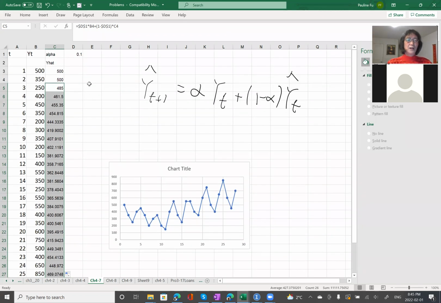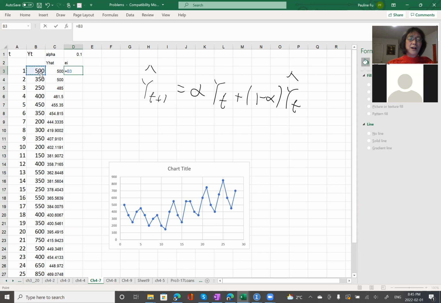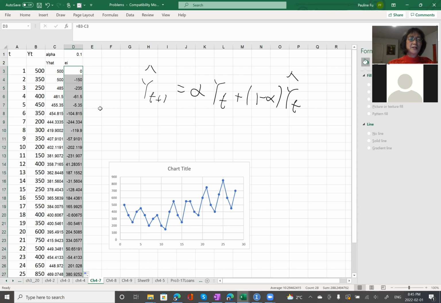Okay, and once you get this y hat, you can calculate the forecast error, e i. It is just y minus y hat, that is the forecast error. Okay.